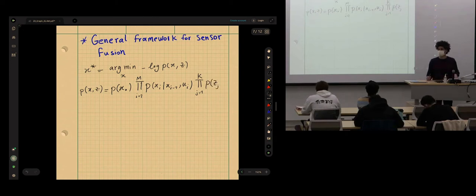Now I'm choosing different indices because what if we don't have a measurement at a particular time step, or we have a motion model? They don't have to be exactly the same number.